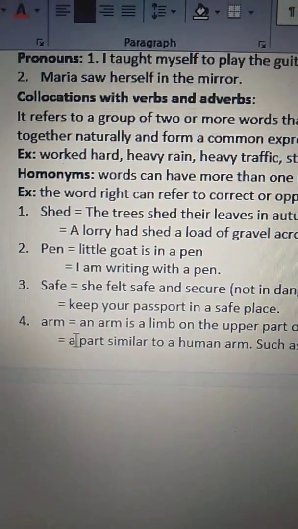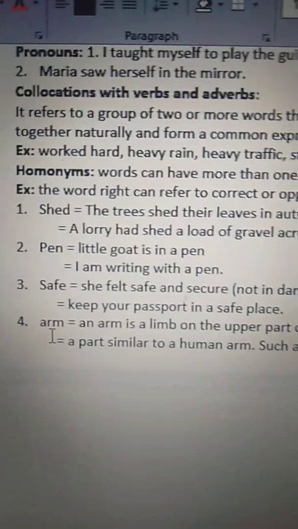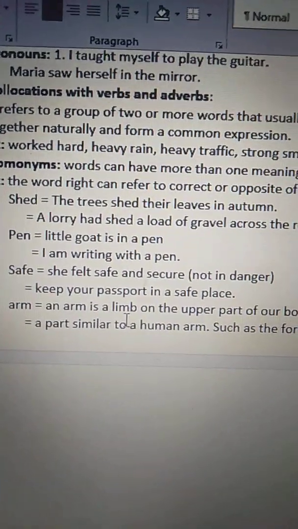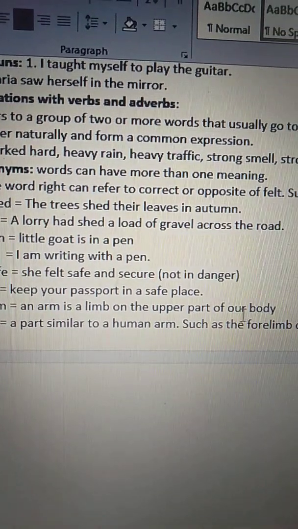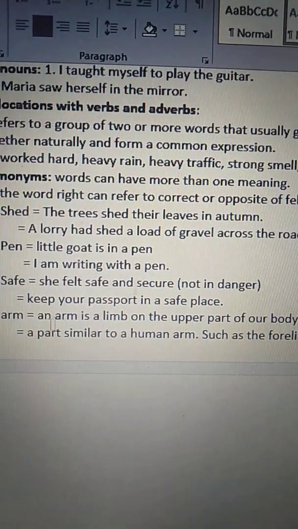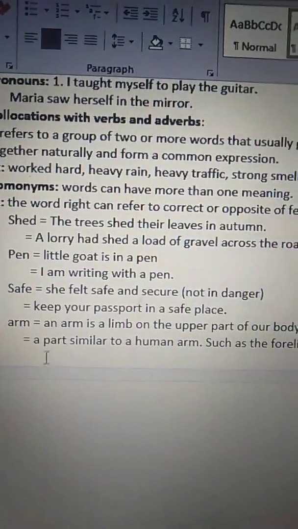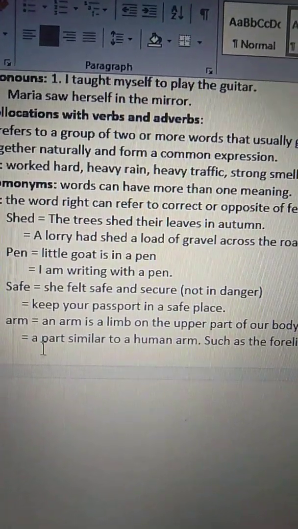Okay. See the fourth one, arm. An arm is a limb on the upper part of our body, and we are using the same word with another meaning.